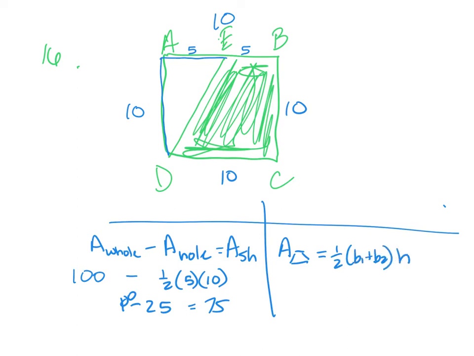Now that's a little bit harder to remember, but I'm going to put that on the board too, so you have that as your formulas. So that's going to be 1/2. Base 1 is 5, base 2 is 10, times the height, which is 10. Well, 1/2 of 15 is 7.5 times 10, which is 75. Either way, you get 75.